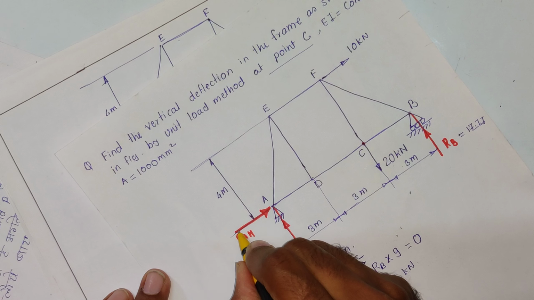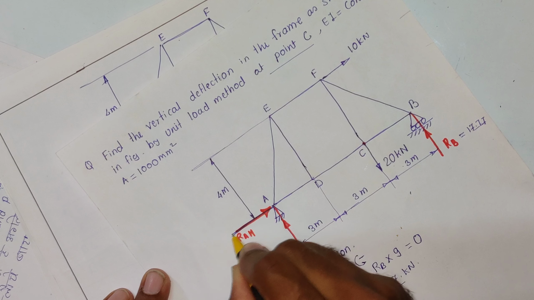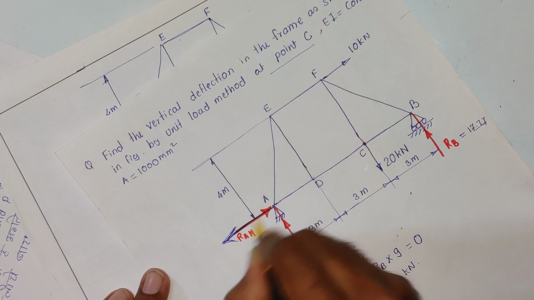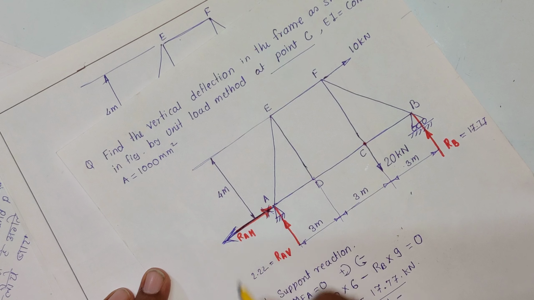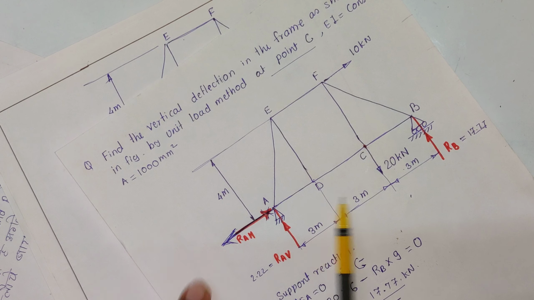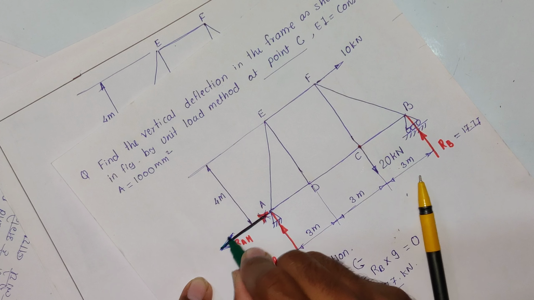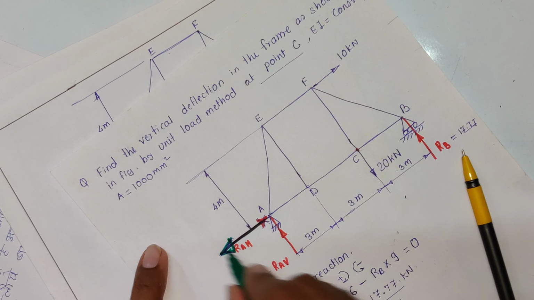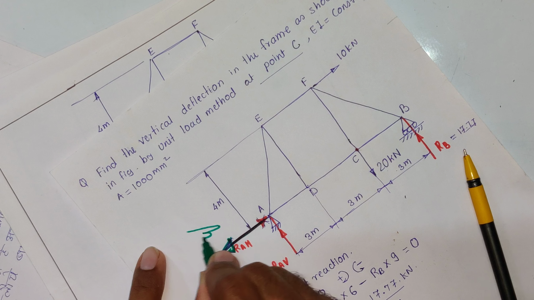So we assumed direction of RAH will cancel, and final direction of RAH is towards left side. Right. So this is the final direction of RAH. So please remember this carefully.